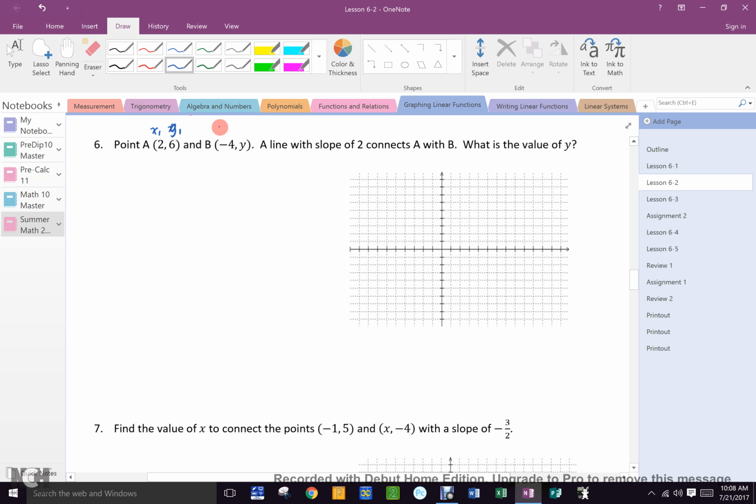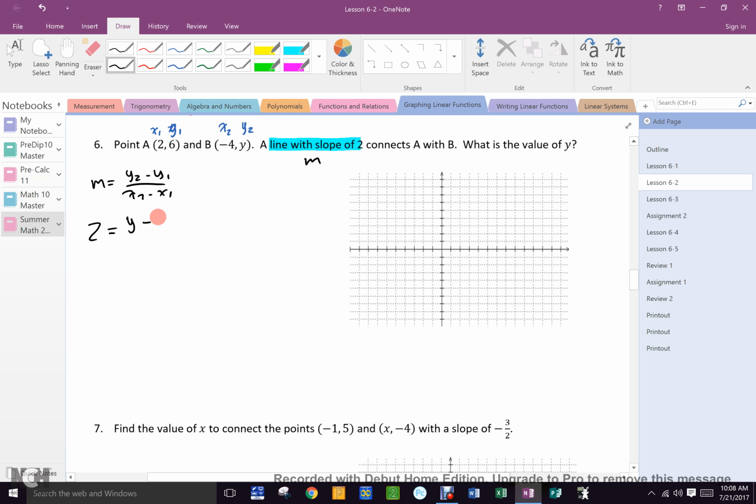What's this one? What's this one? And my slope is 2. Slope is also m, isn't it? So the slope equals y2 minus y1 over x2 minus x1. Do I know my slope? What is it? 2.